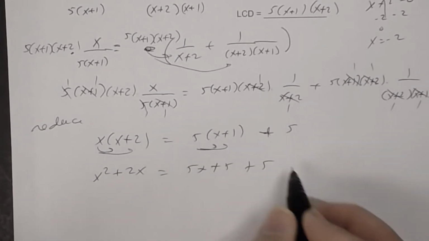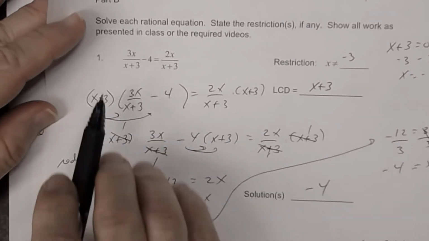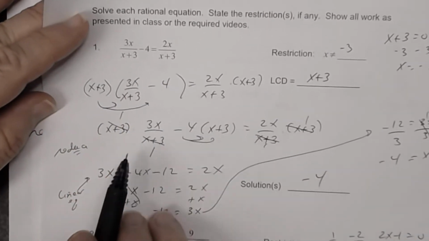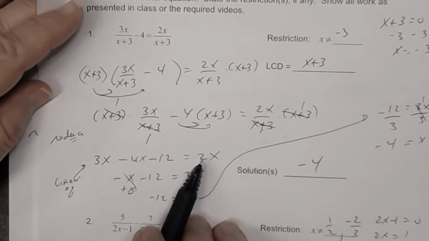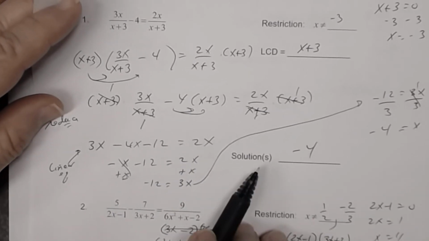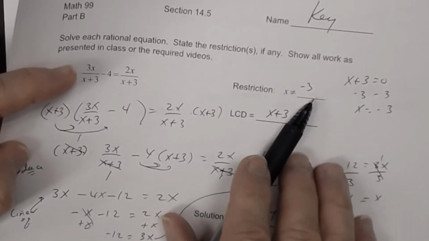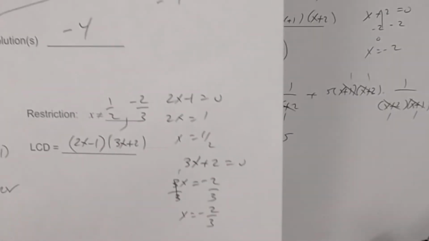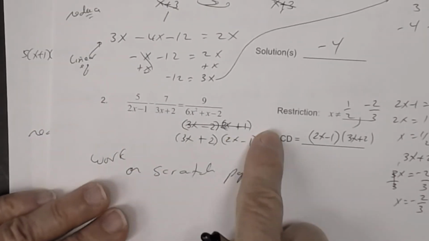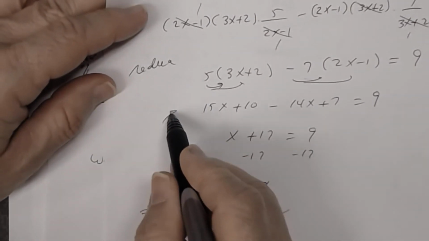And then plus 5. Now I want you to notice in number 1 and 2, remember I went from a rational equation to a linear equation, and I ended up with one solution. I had to make sure it wasn't a restriction. When I did number 2, I went from a rational equation to a linear equation.